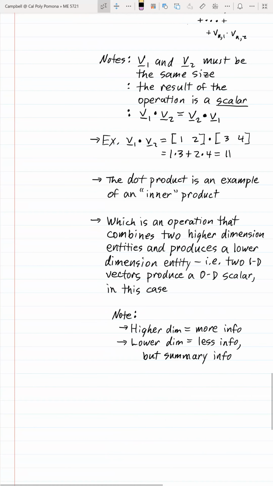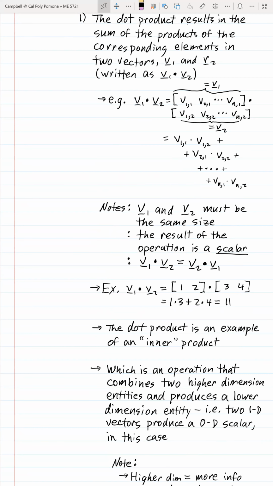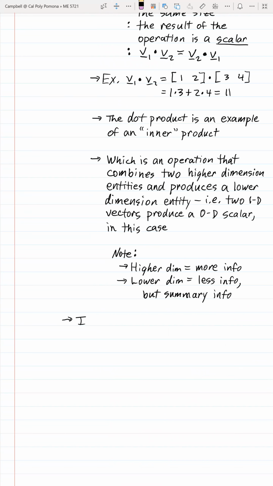Well, I wouldn't say unique, but it certainly has no analog in algebra. I want to introduce what is called the transpose. So if we define an operation called the transpose.